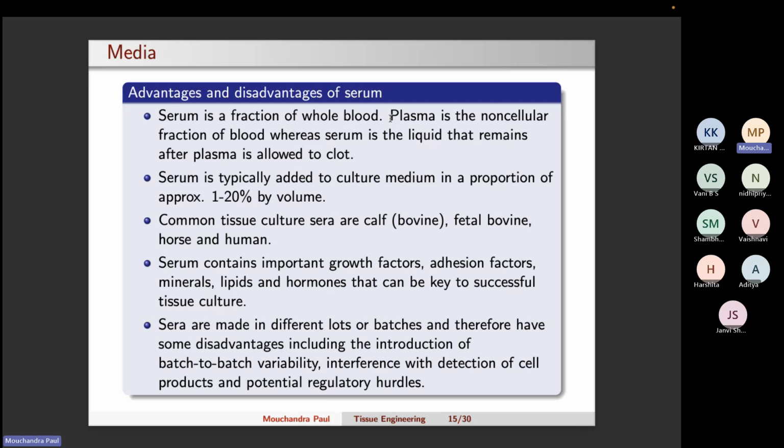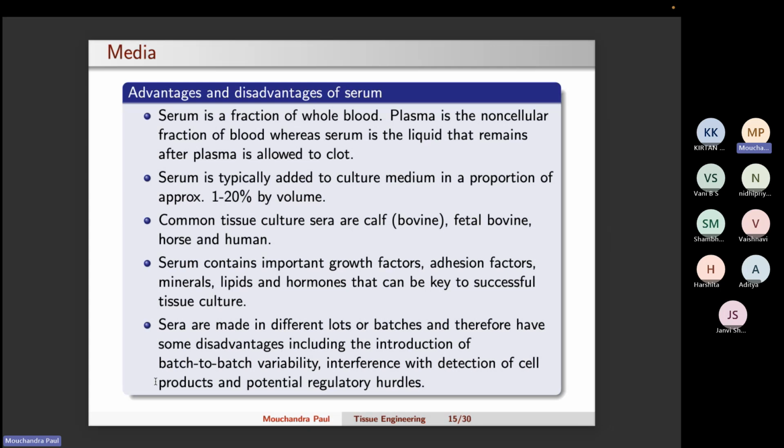Also, these variations can interfere with your experiments when you're trying to understand the production of any cell products, meaning secretion of any protein, when you're trying to detect these kinds of cell secreted products. The serum proteins can interfere with your experiments. In general, as per my experience, this batch to batch variation doesn't have a very significant role.